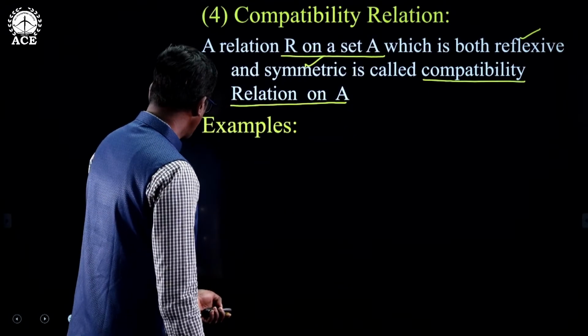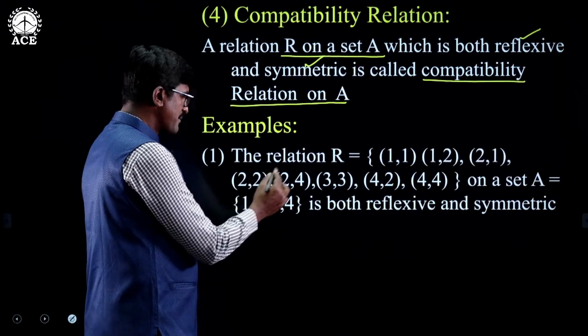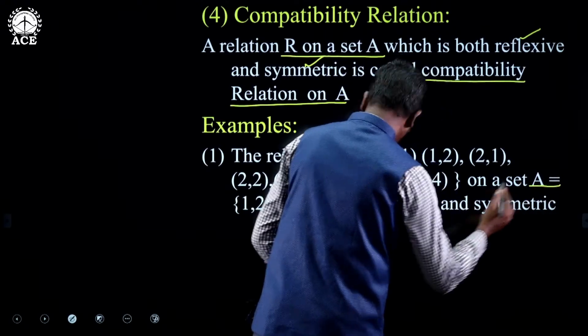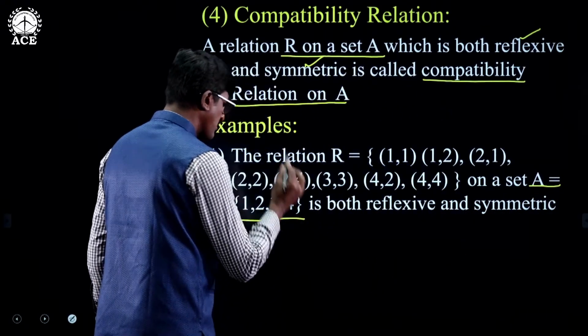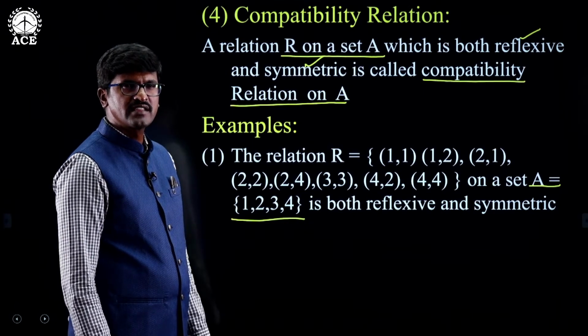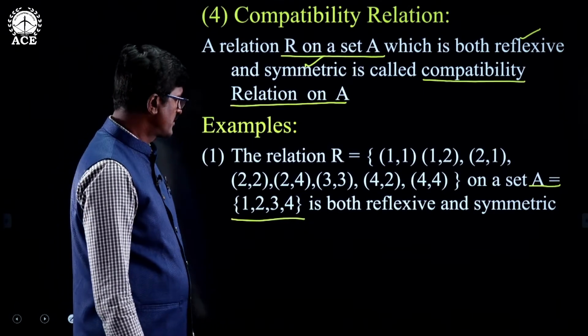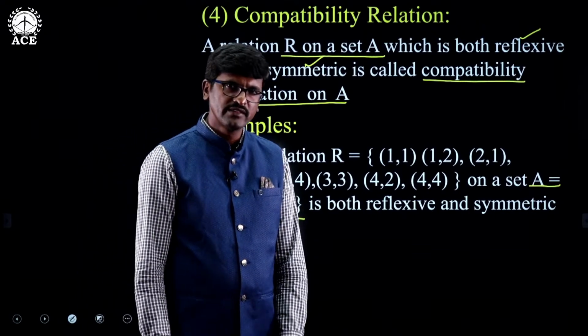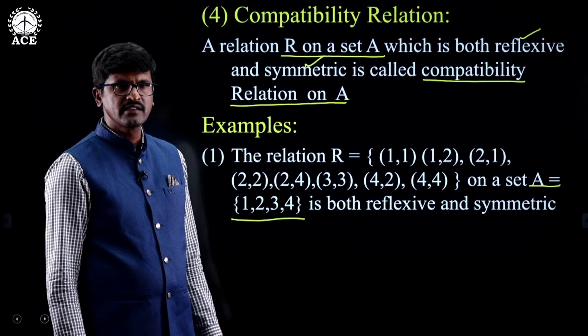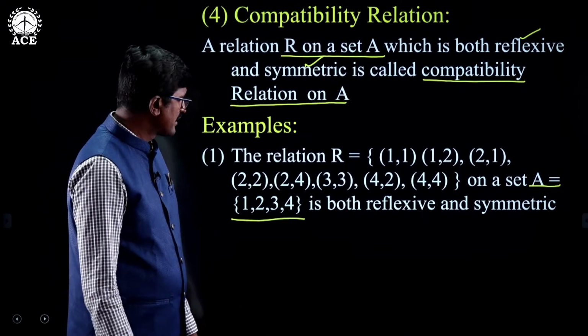Now we'll see one example. I am taking some binary relation defined on the set A = {1, 2, 3, 4}. First I am going to verify whether this relation is reflexive or not. Then I am going to verify whether this relation is symmetric or not. If it is both reflexive and symmetric, then it is called a compatibility relation.